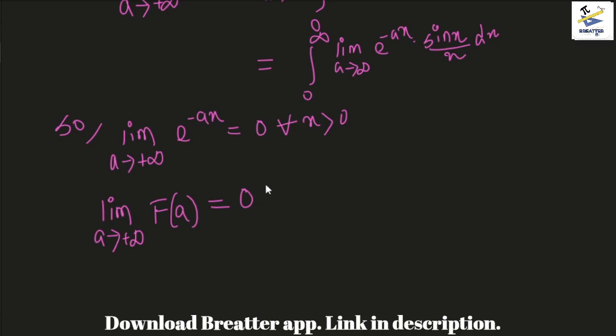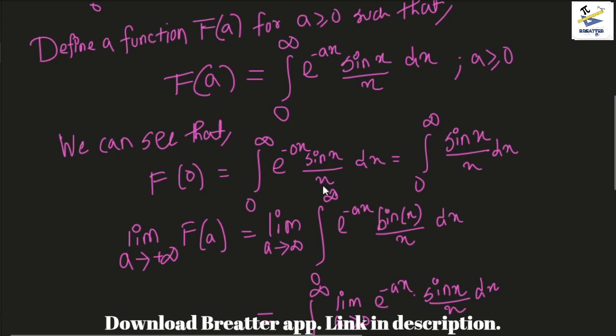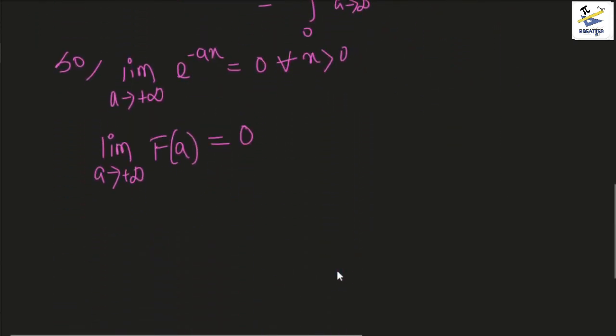So our two results are, firstly, f of 0 here is equal to the integral we are trying to find the value of, and limit a tends to infinity, f of a is basically equal to 0, and this is due to the uniform convergence of the integral, but that we shall discuss later.